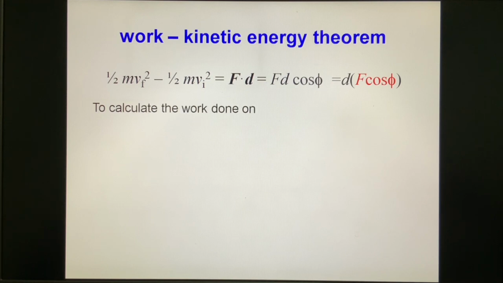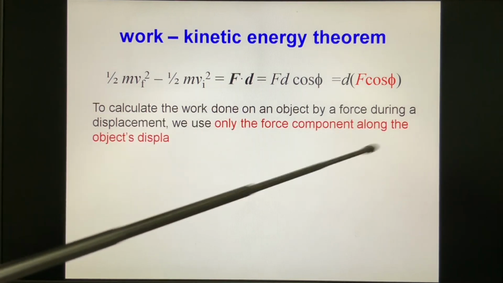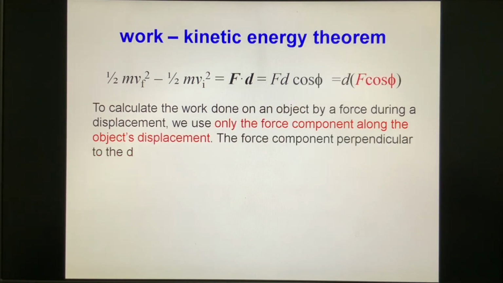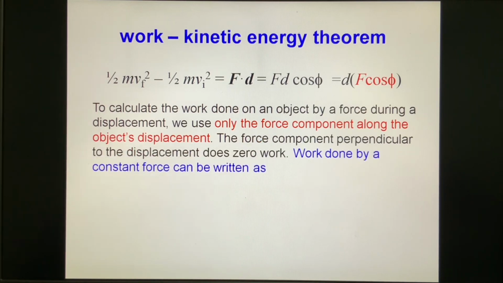To calculate the work done on an object by a force during a displacement, we use only the force component along the object's displacement, F cosine phi. The force component perpendicular to the displacement does zero work.